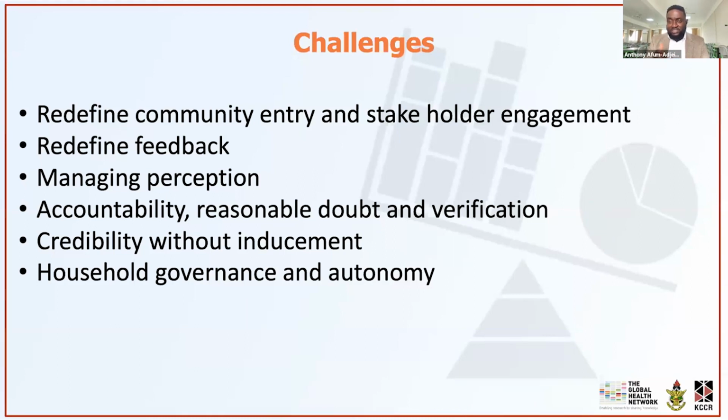If anybody has doubt, they should be able to verify the information you're giving them and what you're doing. You have to be able to also demonstrate credibility without appearing to induce people to do what otherwise they would not be willing to. And you also have to make sure that in as much as you want to implement a GCP compliant study, you're also able to be culturally sensitive to situations that happen in a lot of homes.